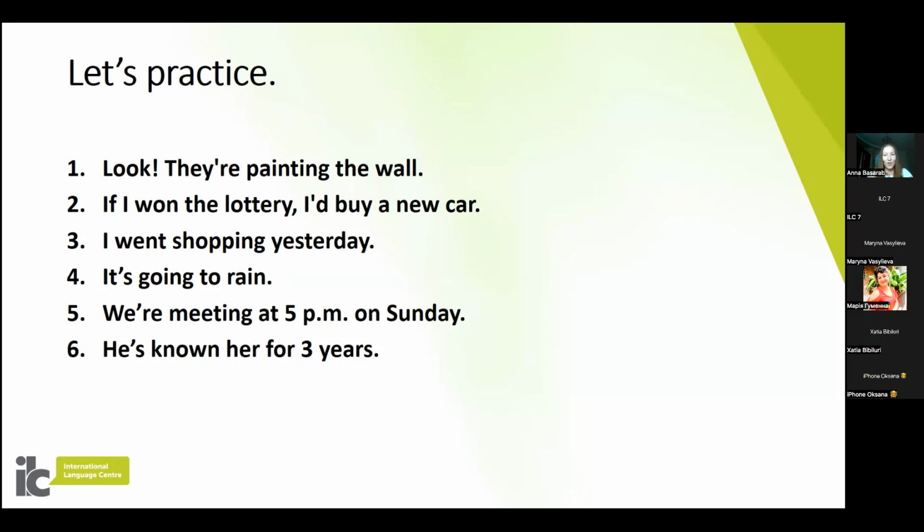So let's look at number 6. So it's present perfect to talk about an action that started in the past and is still true now.